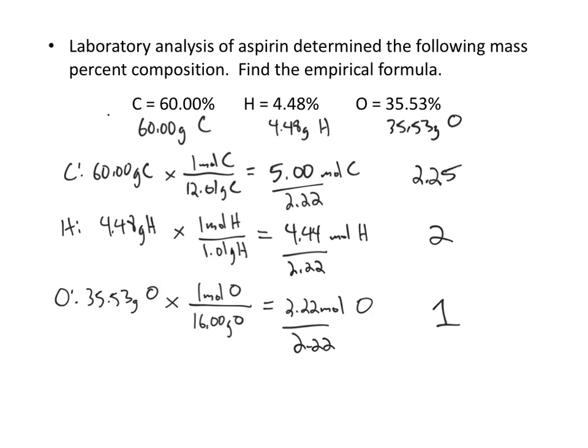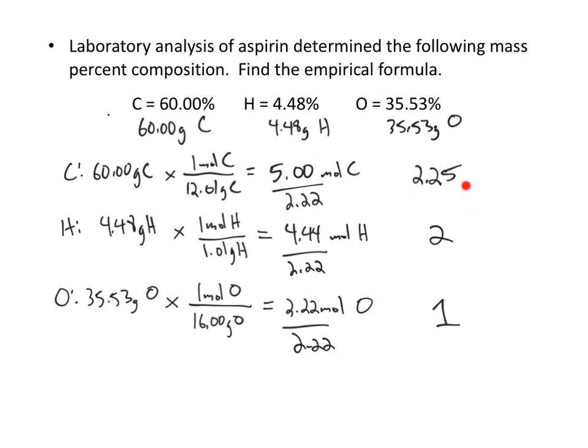Now sometimes we're done at this point. If we get all whole numbers, or close to whole numbers, then we can assume that's the formula. But I wouldn't write the formula with C 2.25. This needs to be a whole number. This is not uncommon, and it just means that we have an odd number of carbon atoms relative to the number of oxygen atoms.